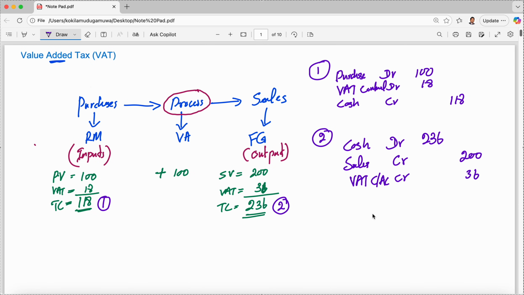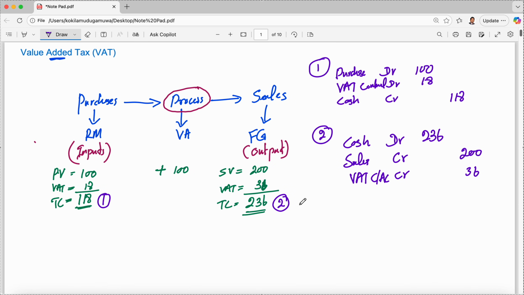If I draw the VAT control account, you can see, right here, VAT control account, credit 36 under transaction 2, and debit 18 under transaction 1.